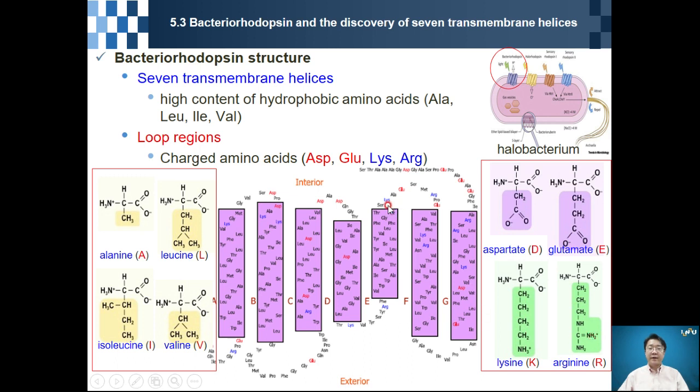For example, they have glutamate, and also arginine and lysine, like this. So the loop region exhibits a high content of charged amino acids, both negatively charged and positively charged.